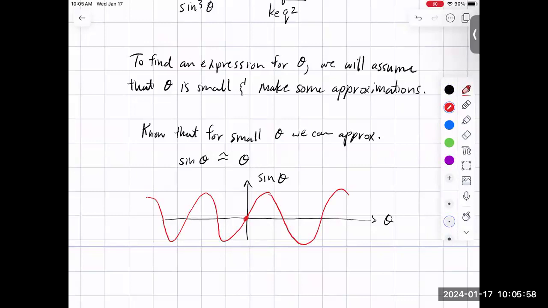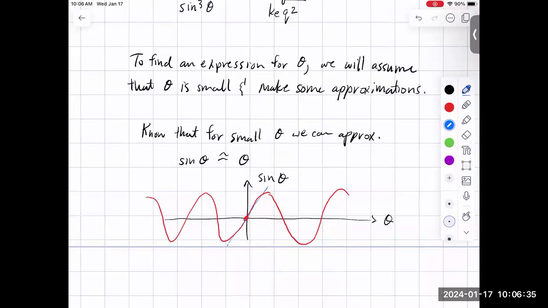So if we're restricting ourselves to small values of theta, then we're limiting ourselves to values very close to that vertical axis. And what we can notice is that close to theta equals 0, the intersection of our coordinate system, that red line looks almost just like a linear function. So it's like theta is just increasing linearly. And so that's exactly this approximation: sine theta is approximately theta.